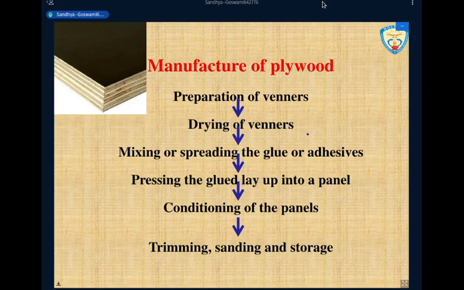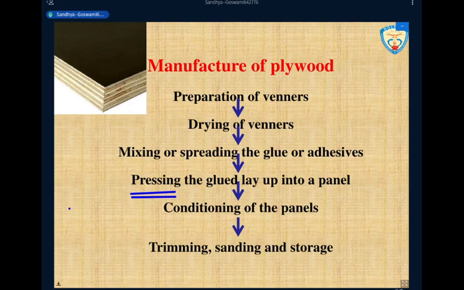After drying the veneers, as a third step we have to mix and spread glue or adhesive. Then once glue is put over the veneers, we have to press them so that the glue is properly and uniformly distributed between the two veneers.